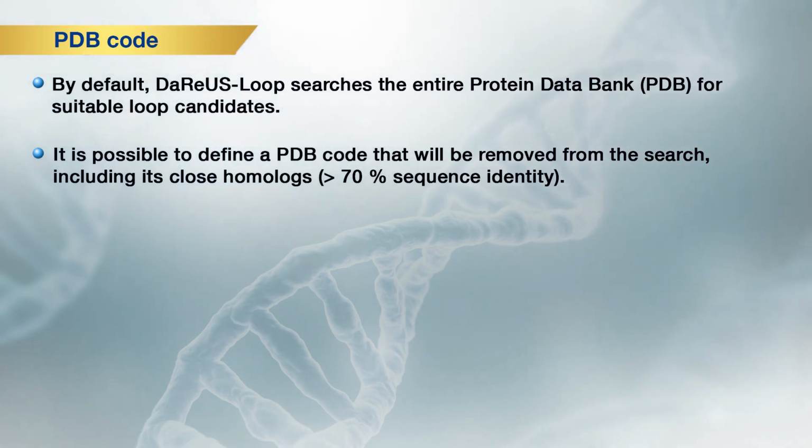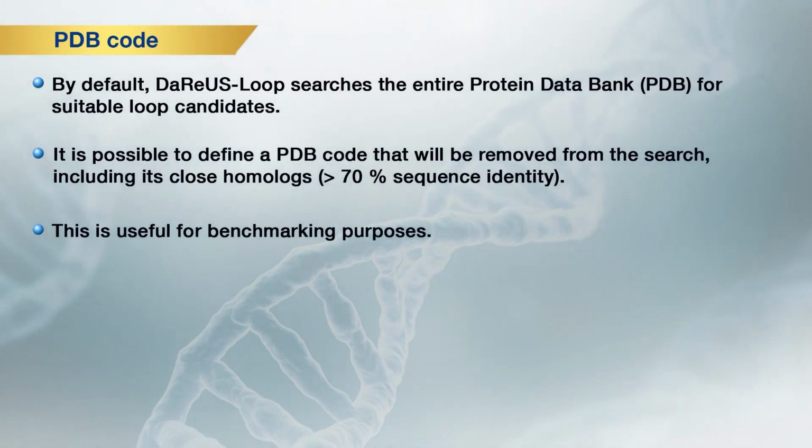The homolog filter criteria can be set to any value, but the standard criterion is greater than 70% sequence identity, so that we can get maximum loop searches. This is useful for benchmarking purposes. If we want it more stringent, greater than 80 or greater than 90% sequence identity can be used.